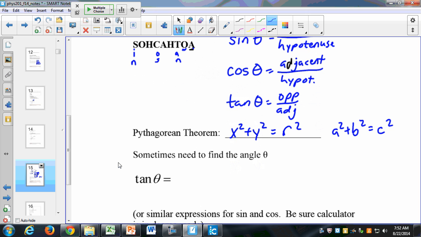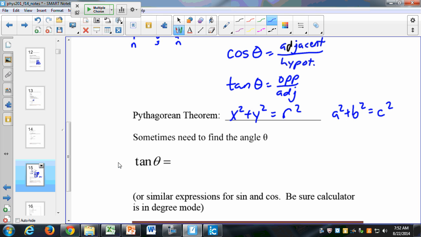And then sometimes we'll often need to find the angle theta. To do so, we remember that tangent of theta is TOA, right? TOA, so it's opposite over adjacent. So say, for example, I have a triangle that looks like this. I have a side here that's 3 units long, a side here that's 4 units long.